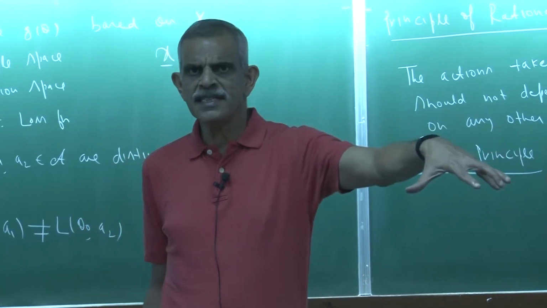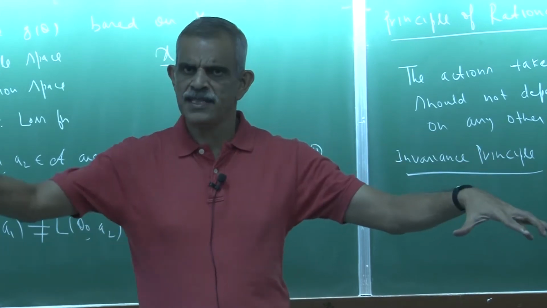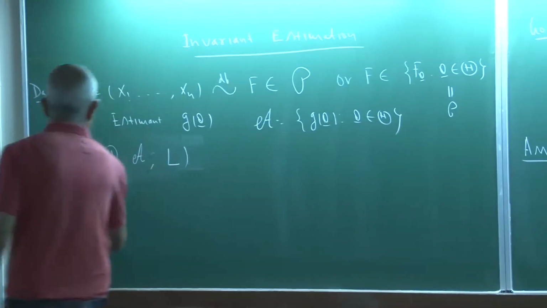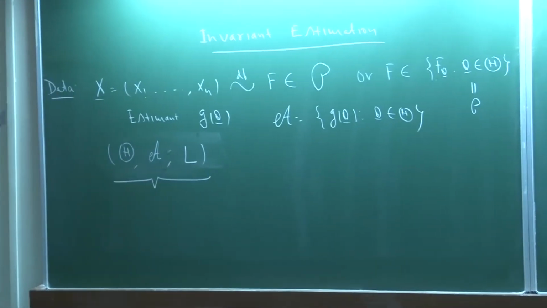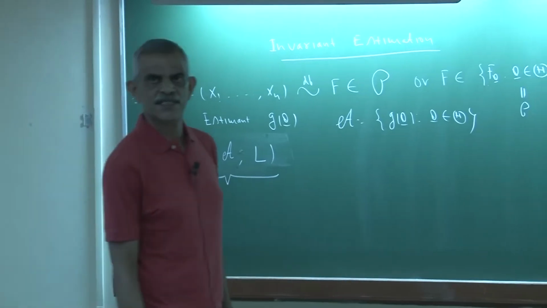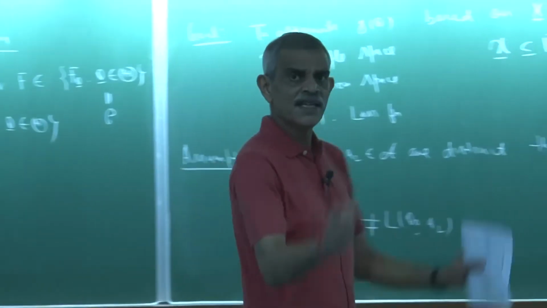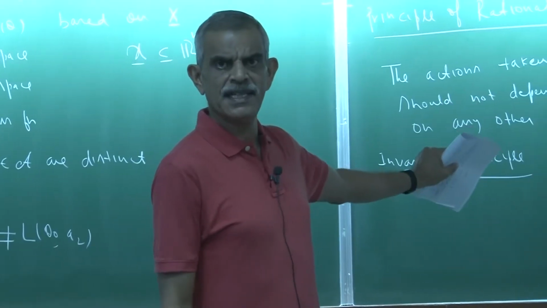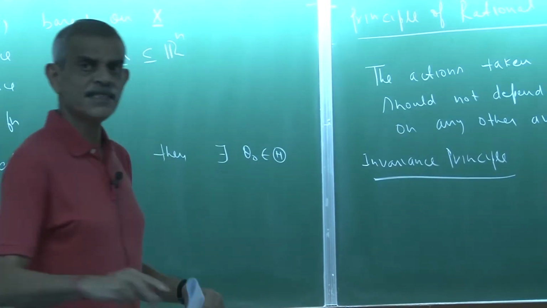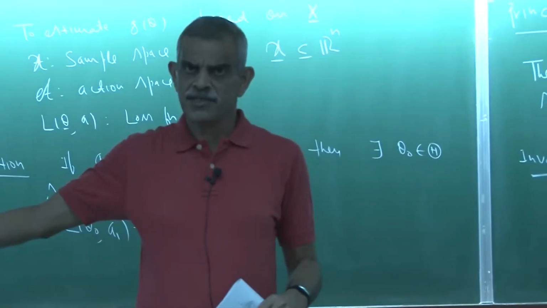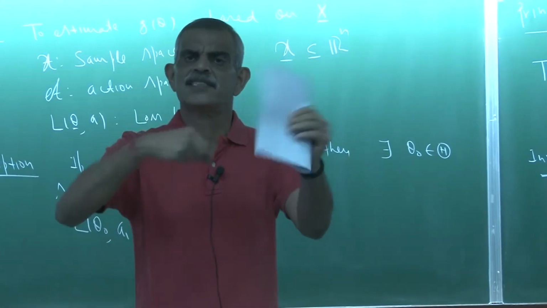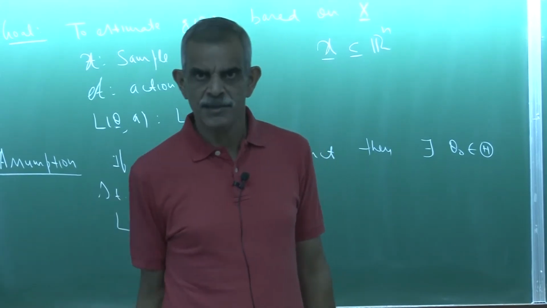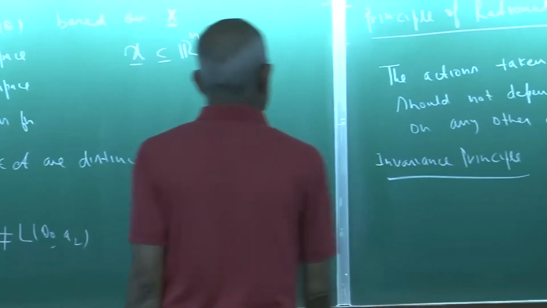But whether you measure height in inches or in centimeters, as long as the formal structure of the problem does not change, theta A L does not change, then the two actions should correspond. So, that means whatever action I take in case of inches and whatever I take in terms of centimeters, they should correspond, except that you have to convert one action in terms of inches or centimeters, depending on what kind of transformation you are making.